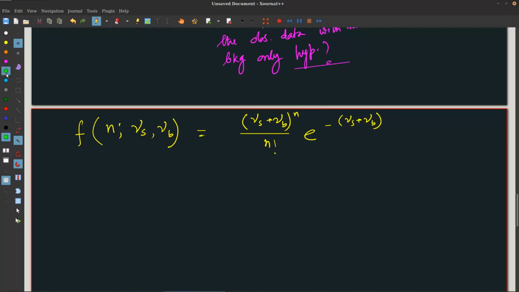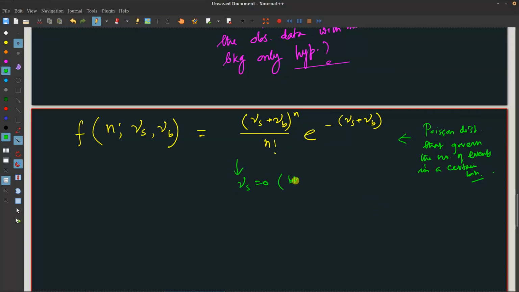So this is the Poisson distribution that governs the number of events in a certain bin. If I am considering the background only hypothesis, that means nu s equals 0.